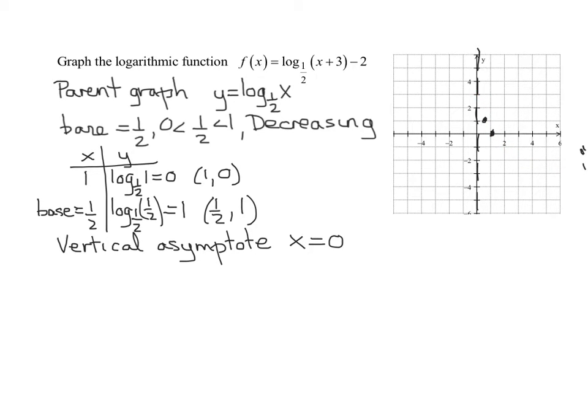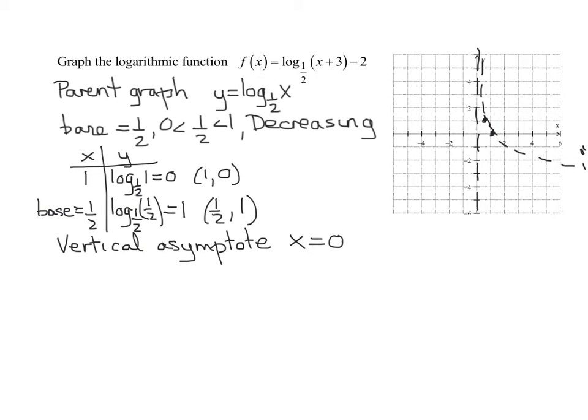Okay, this won't be very pretty, but I'll do the best I can. And I'm drawing it in as a dotted line because it is my parent graph. So there is my decreasing parent graph.